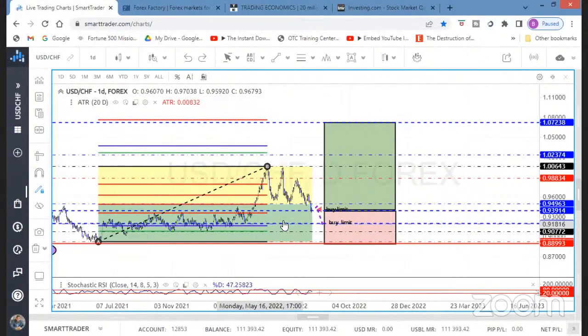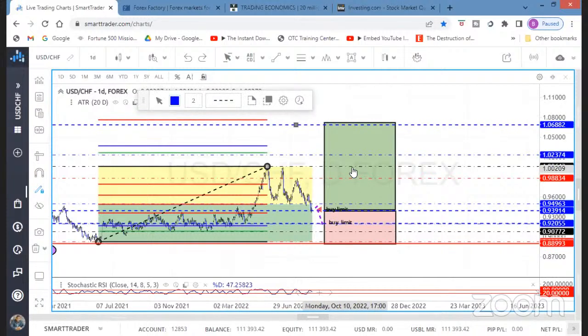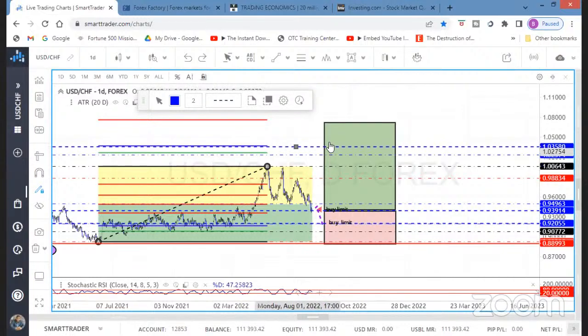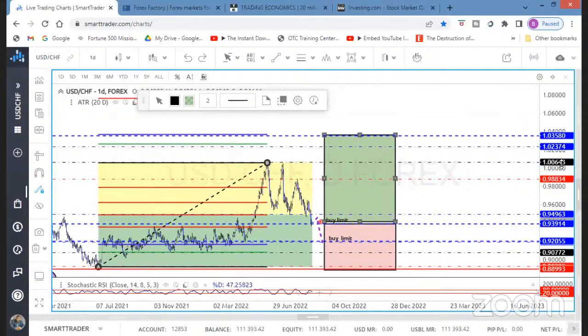So if I get price to tap the 786 level, then if it U-turns, I just adjust my stop loss to my 127. This comes down, just like that.